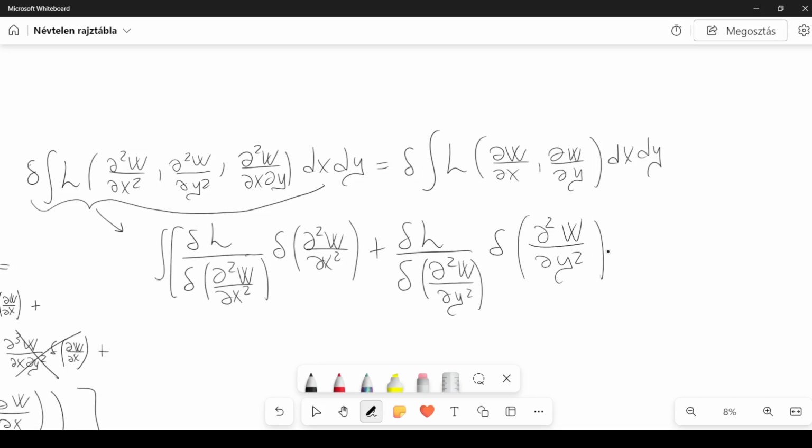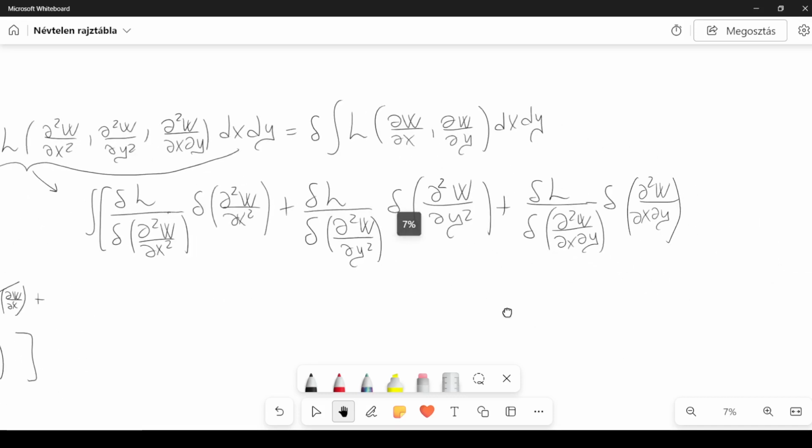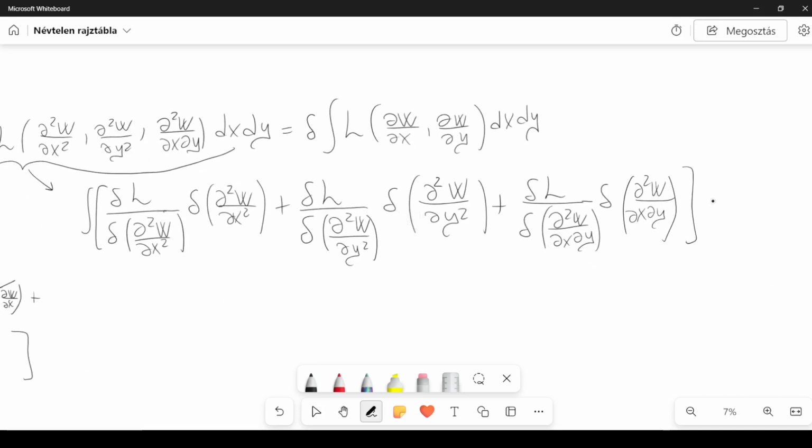And similarly, plus δL, δ of ∂²w/∂x∂y. And then you have δ of ∂²w/∂x∂y. And this is the change if we consider this expression. And this must also be equal to the change if we consider this expression here.